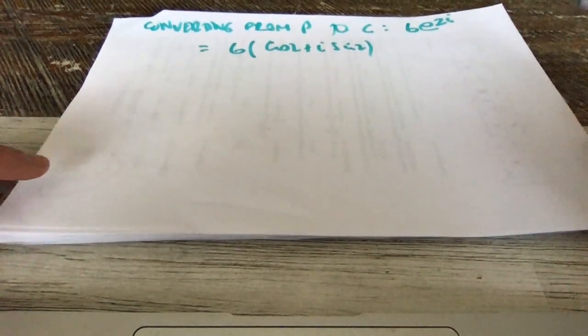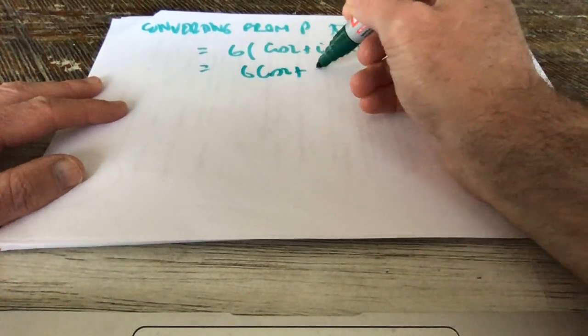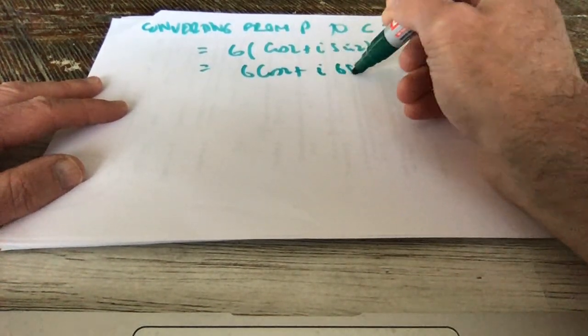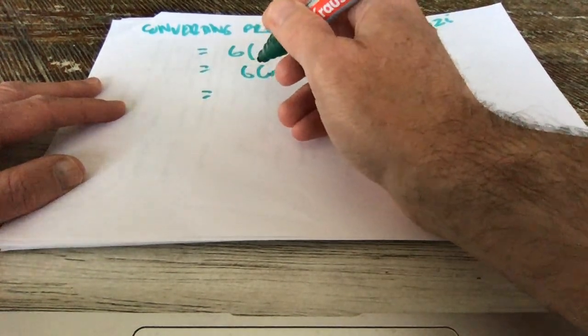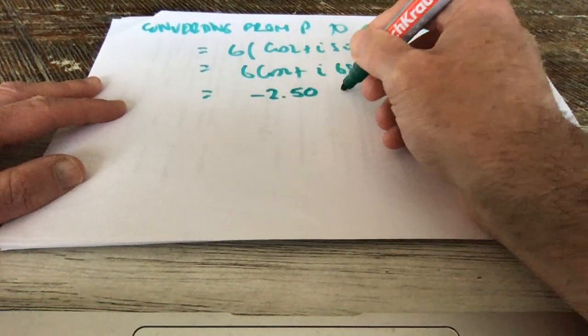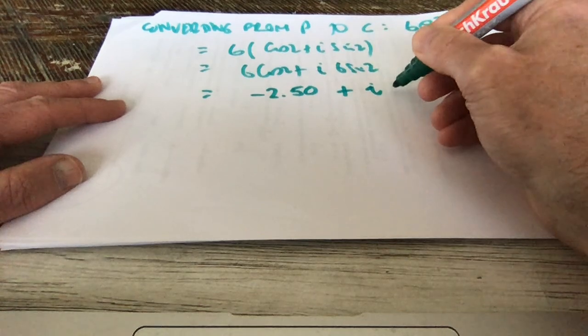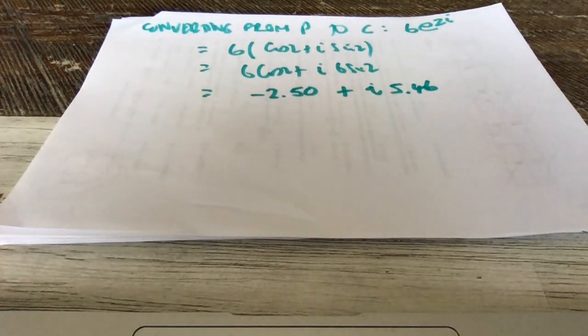Then you multiply that by 6 and you get 6 cos 2 plus i 6 sine 2. I bashed it out on the calculator and got minus 2.5 plus i 5.46, something like that. Maybe I made a mistake when I messed up with the calculator.